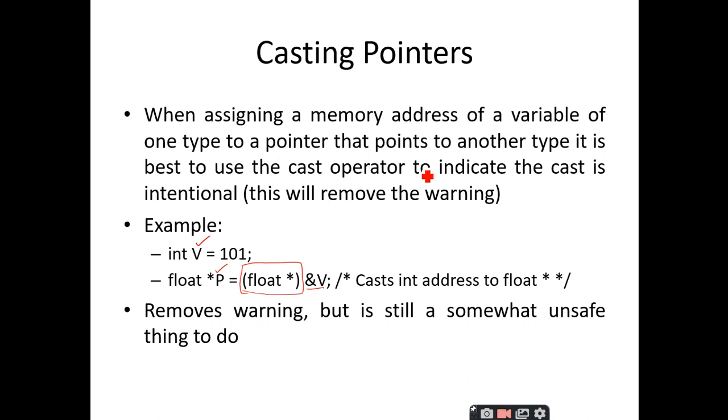Yes, sir. What do you mean by typecasting? Conversion of one data type to another data type, right? Here I am converting the integer data type to the floating data type. So this is how we can avoid the warnings. We can remove the warnings, right?